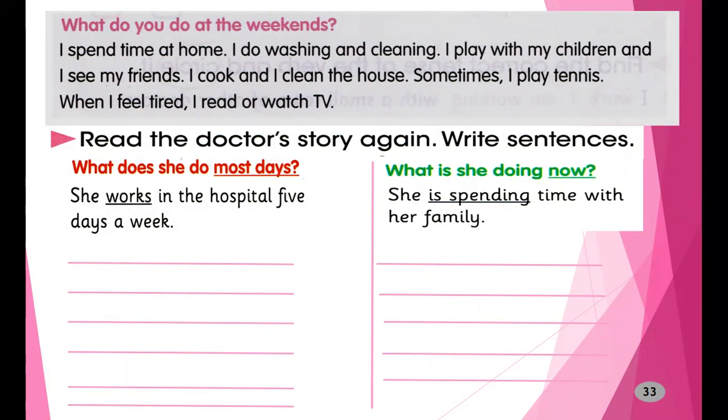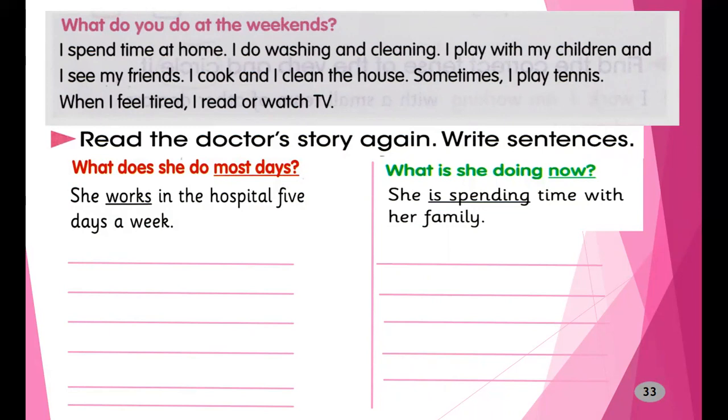Some students ask, here we added ing to the verb, is this present continuous? No, it is not present continuous. Why? Because we don't have helping verbs am, is, are. The tense is present simple.